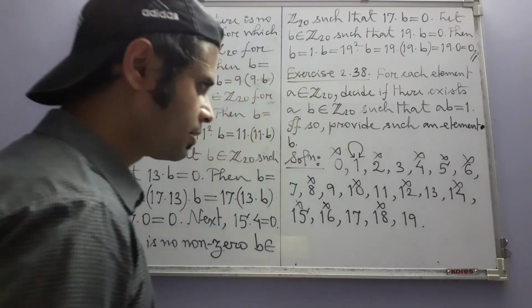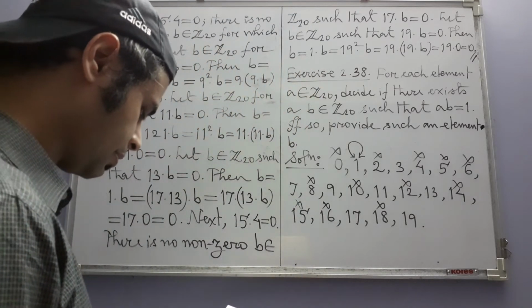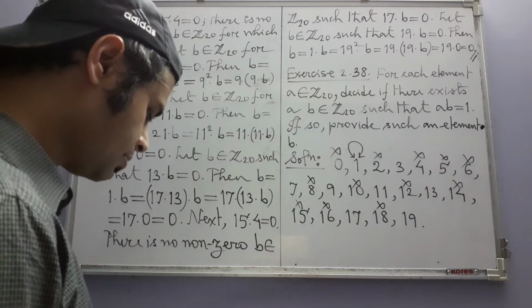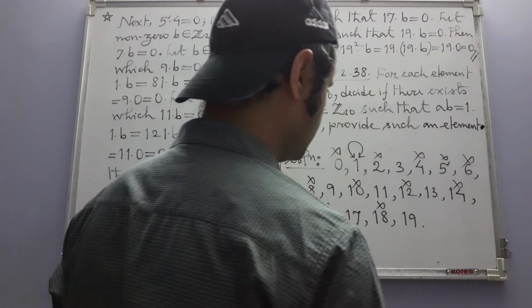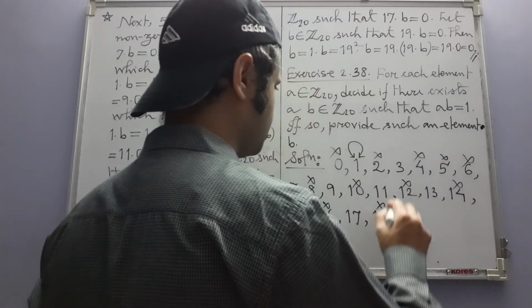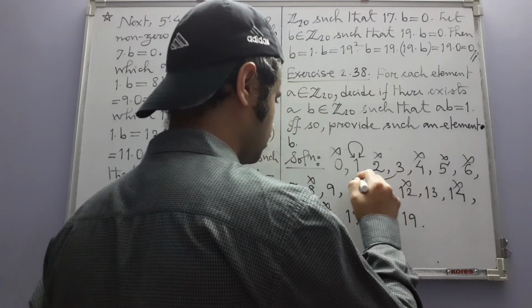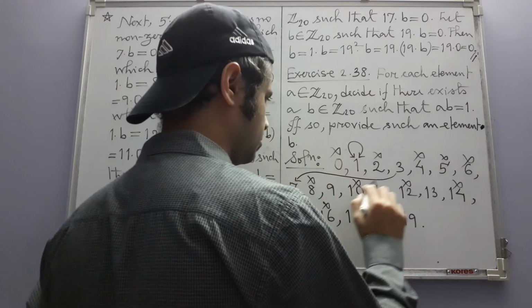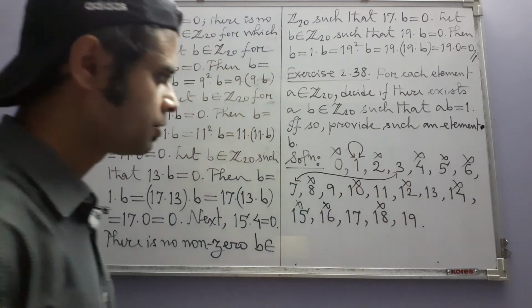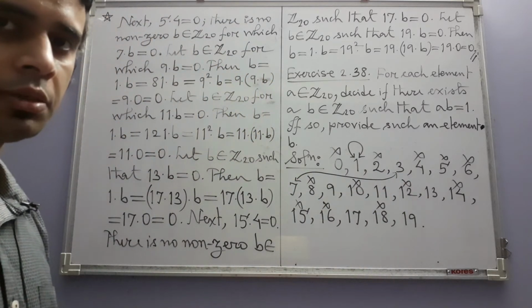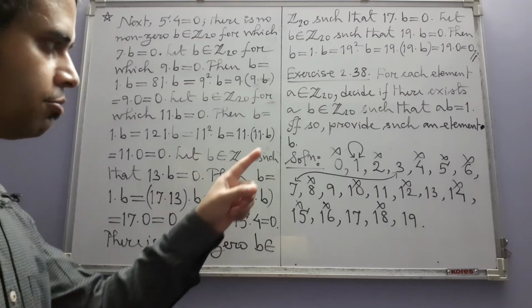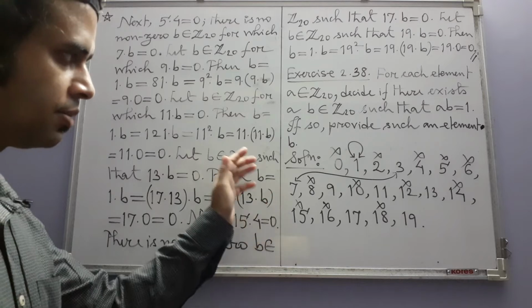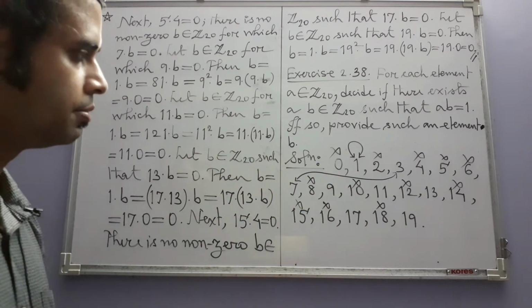Okay, so among the remaining things, the B's are like this. 3 and 7 form a pair. 3 times 7 is 21, mod 20, that is equal to 1. So for 3 the B is 7, for 7 the B is 3.